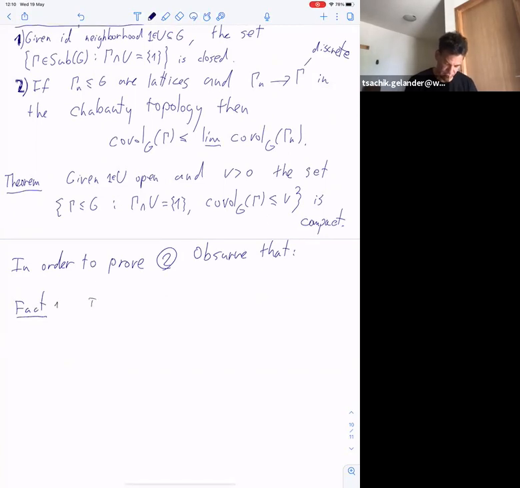Fact 1: let K in G be a subset that injects into G mod gamma.